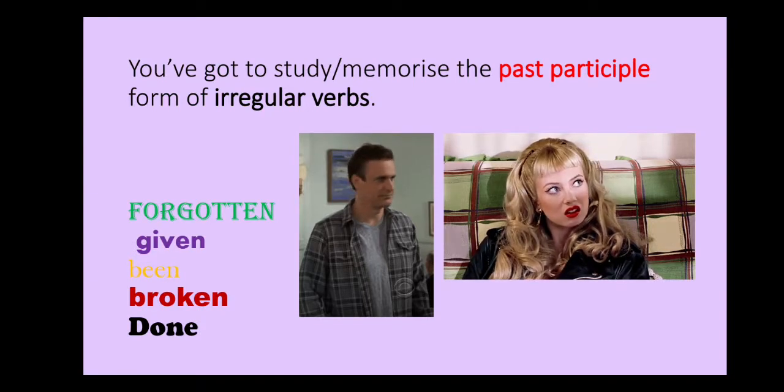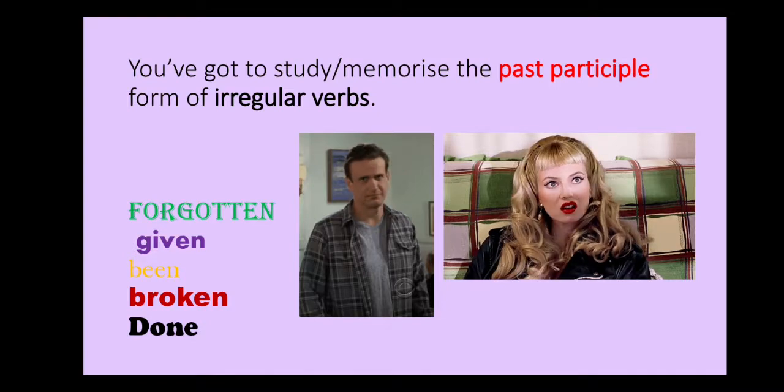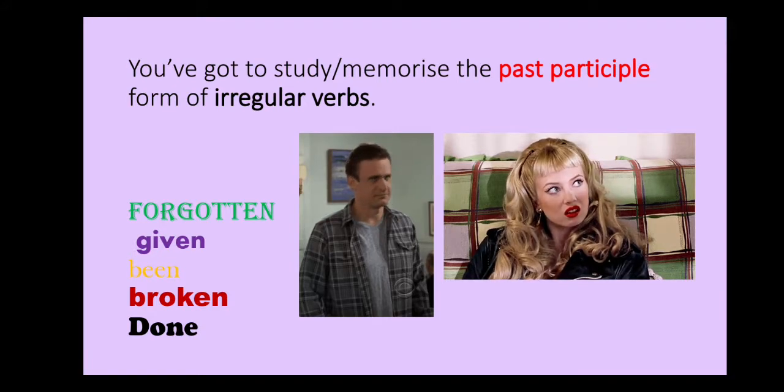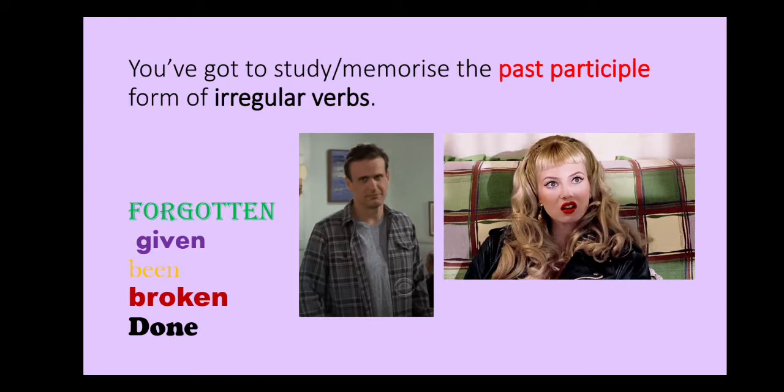You've got to study or memorize the past participle form of irregular verbs. It's not so easy as with regular verbs, is it? Forgotten, given, been, broken, done are examples of past participle forms of verbs. You have to study or memorize these forms to use them in the present perfect.